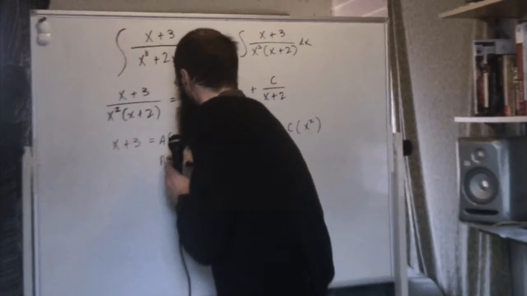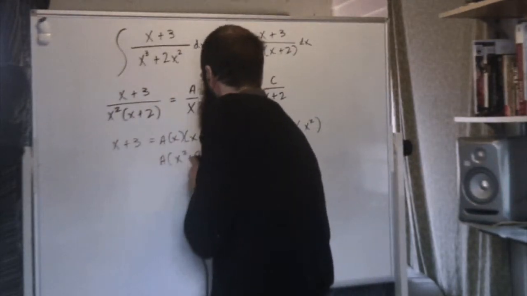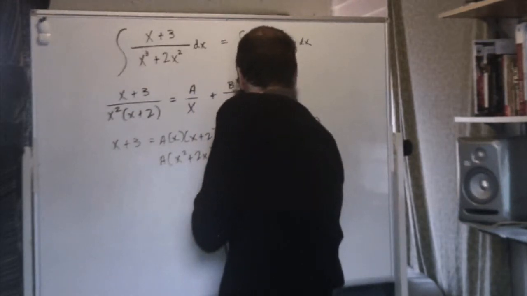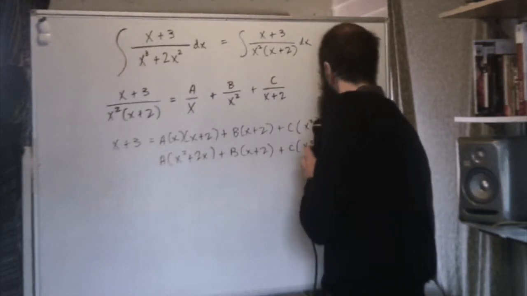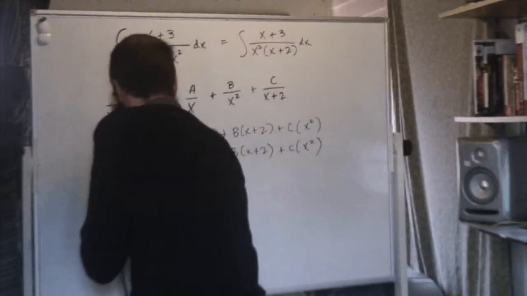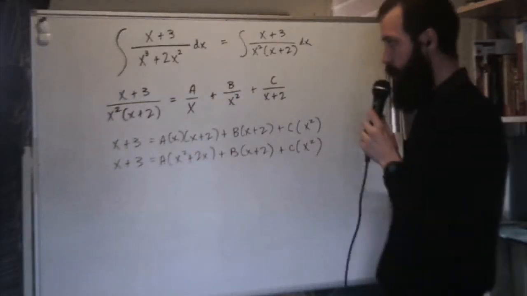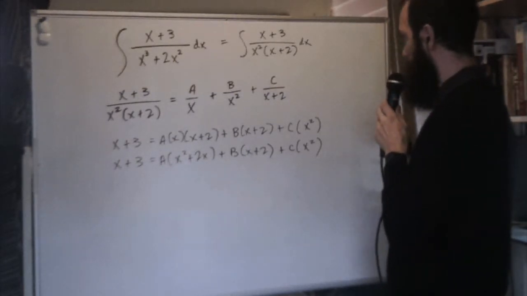I'm going to multiply this a part out. x squared plus 2x. The rest I will leave. Okay. Now, let's start eliminating some variables by choosing x values. Let's start with x equals 0.